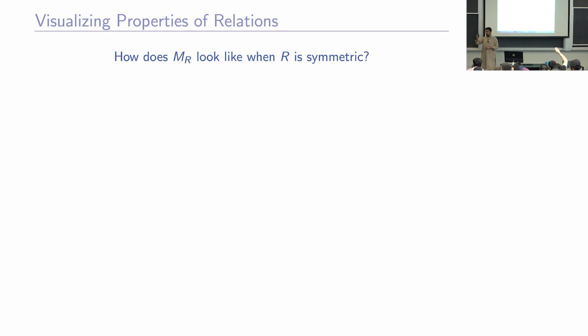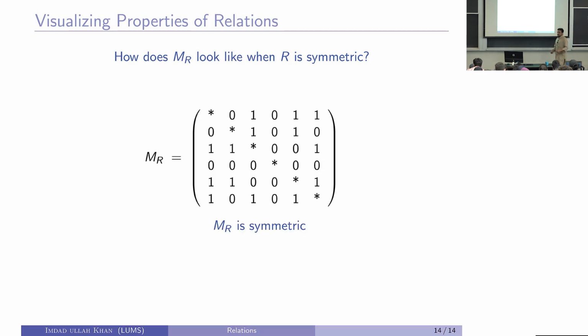You said if, but technically it's if and only if. So the ith row is equal to the ith column. It is symmetric about the diagonal, that's why the matrix is called symmetric. The upper triangle will be the same as the lower triangle.